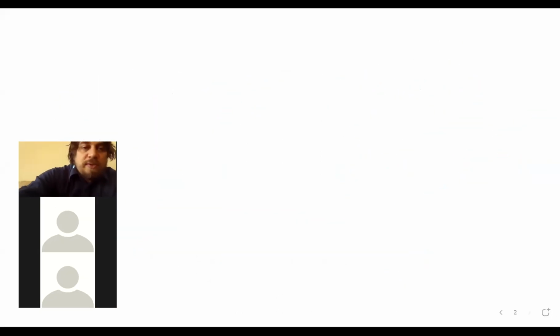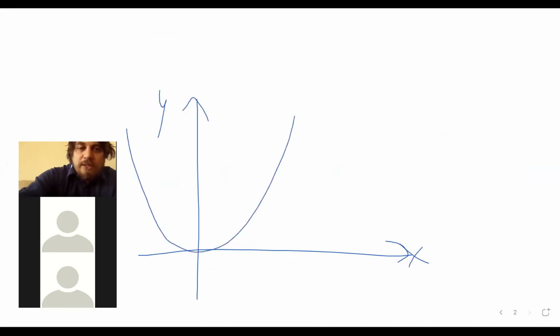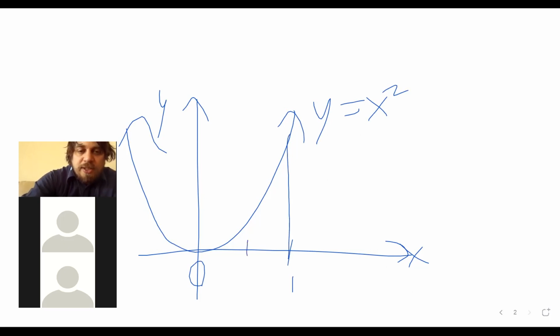So the midpoint rule is, for instance, if you have the x-axis, you have the y-axis, you have y equals x squared, going from 0 to 1, and let's say you use 4 rectangles. But instead of the points being the left or right endpoints, you're taking points to be the midpoints of each subinterval.